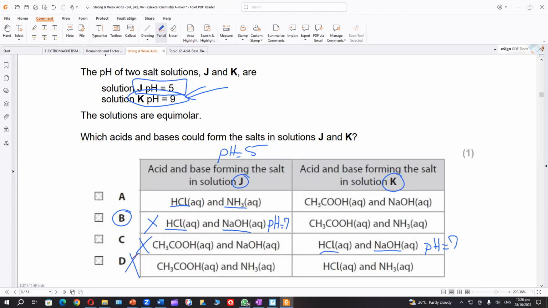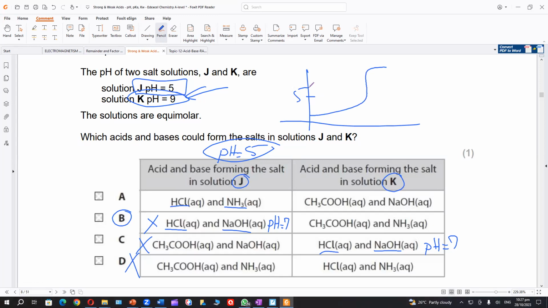I'm not sure why A is correct, but just using deduction, it has to be A. The same rule by which you rejected D will explain why A is the answer. If HCl is a strong acid and ammonia is a weak base, the pH can stop at 5. You remember the curve? So it can stop at 5.